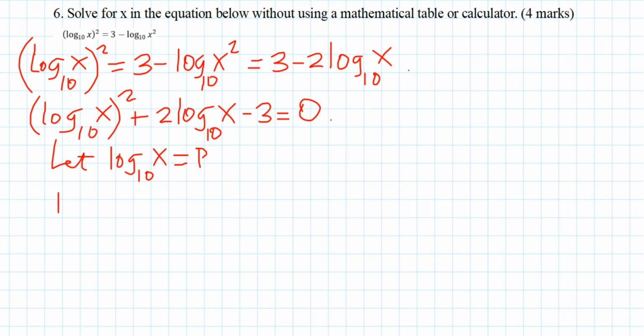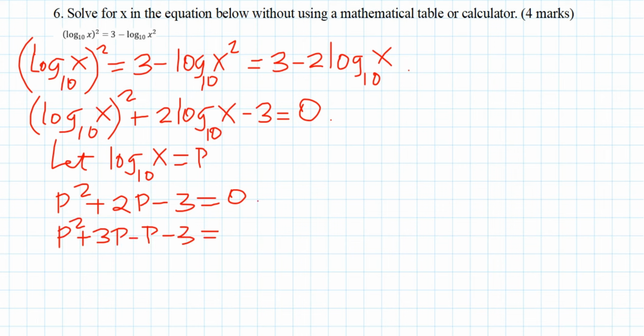So when we substitute p into our equation, we are going to have p squared plus 2p minus 3 equals 0. That clearly shows us that our equation is now a quadratic equation. So as usual, we solve the quadratic equation by getting two factors. Here we are going to have 3 and negative 1.